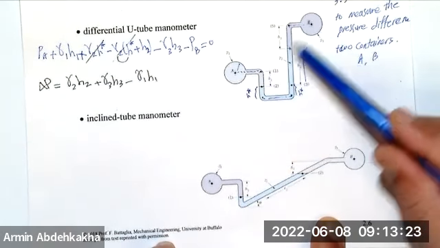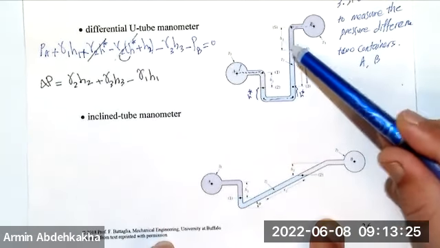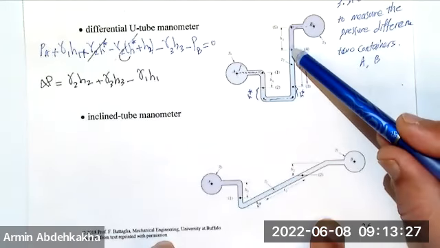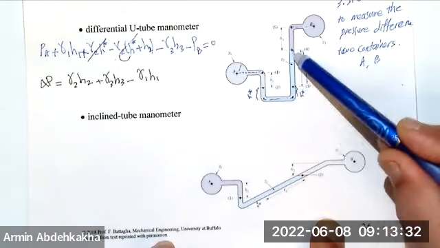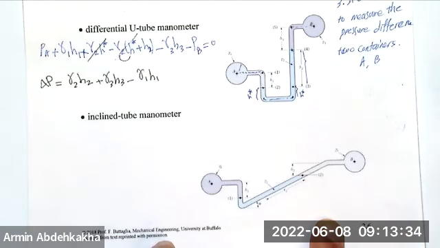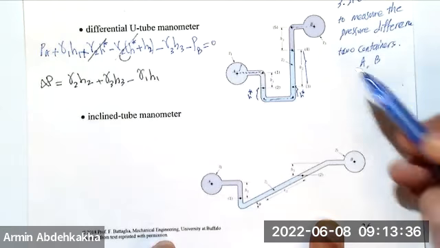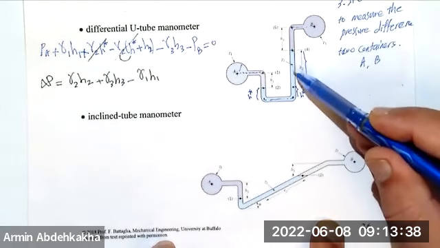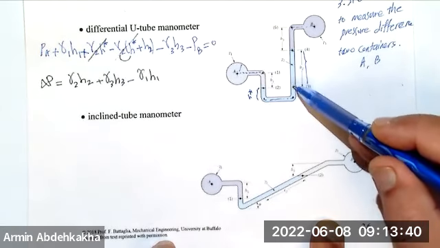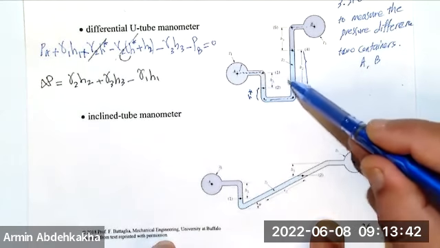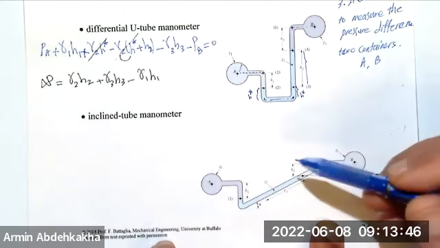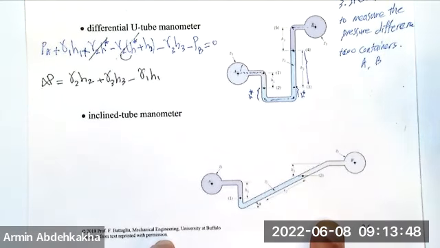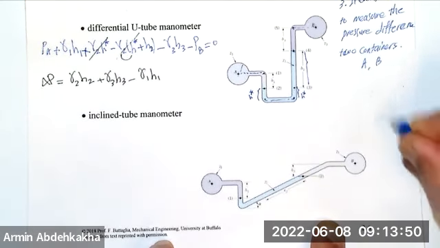But when the pressures of these two are very similar, then absolutely the heights of the tube are going to be the same, right? It has to stop at one point or very similar. Then you cannot find the difference between the heights to find the pressure difference. At that point, the incline is going to help you.